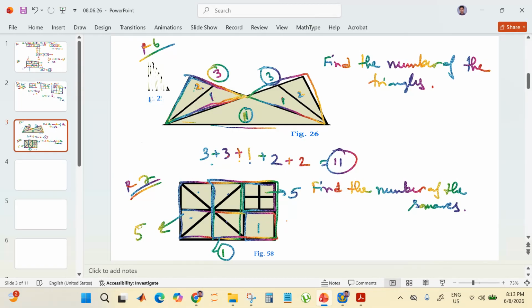So I think there are no more squares. So 5 plus 5, 10 plus 1, 11, and 1, 12. Only 12 squares are there.